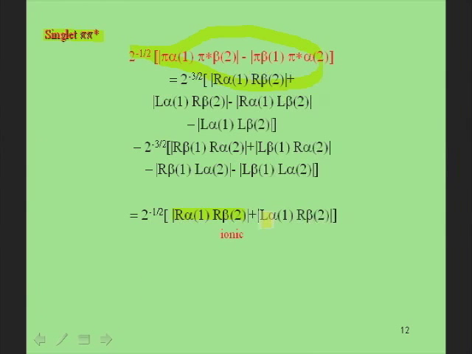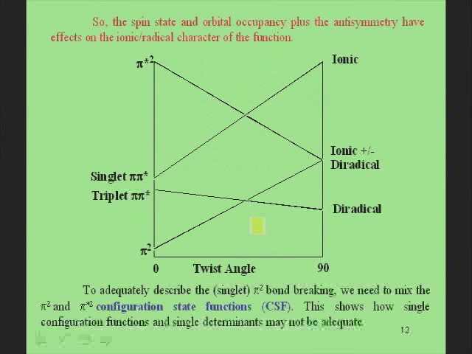On the left-hand axis, I've written the energy, and along the horizontal axis, the twist angle. At no twist angle, that is, the olefin with the pi bond, we have this pi squared determinant. The problem is, as we twist that angle to 90 degrees, the pi squared determinant gave a wave function that was ionic plus diradical.